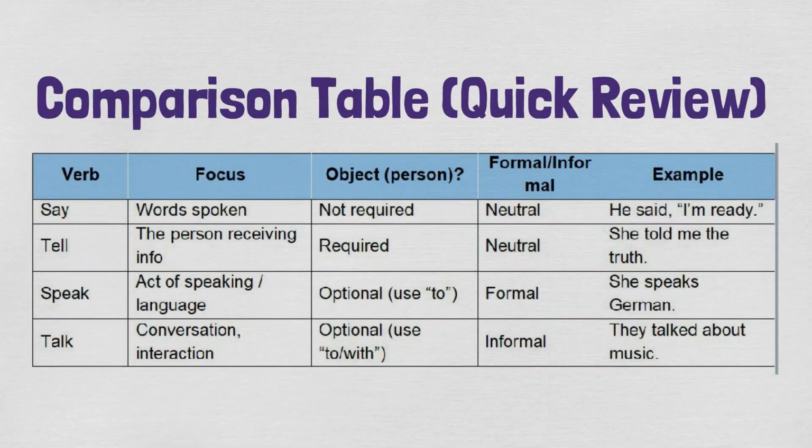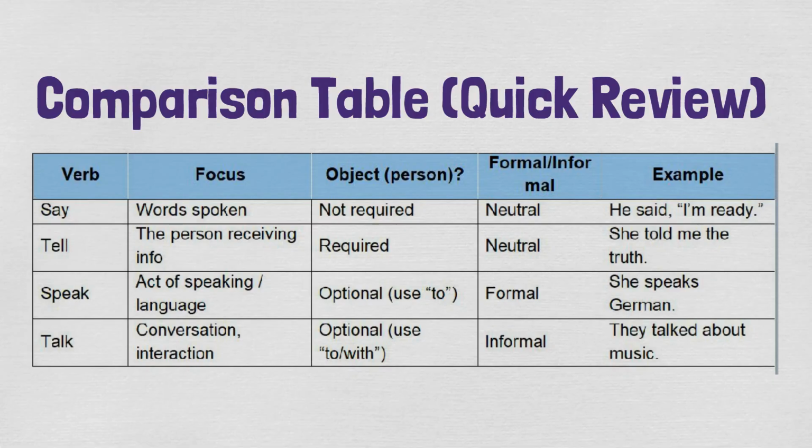Comparison table. Quick review. Verb, focus, object, person, formal or informal, example. Say: words spoken, not required, neutral: he said, "I'm ready." Tell: the person receiving info, required, neutral.